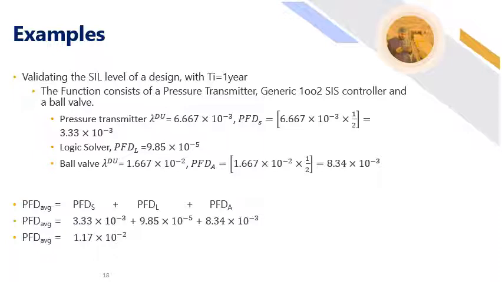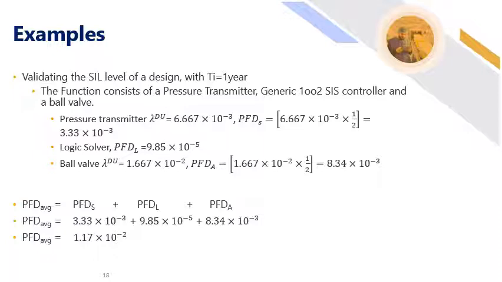Now, the data we get for the logic solver was already in a PFD format, so we're being told that it is 9.85 times 10 to the minus 5. And finally, for the ball valve, the failure rate we have found is 1.667 times 10 to the minus 2 for a generic ball valve.